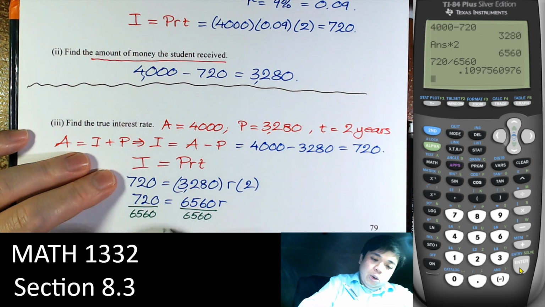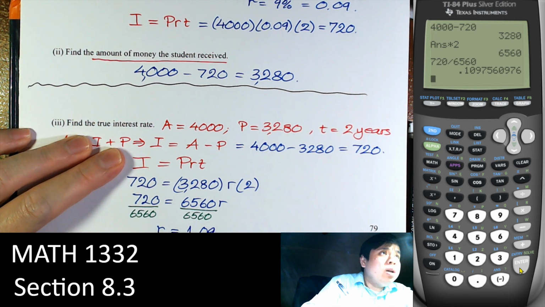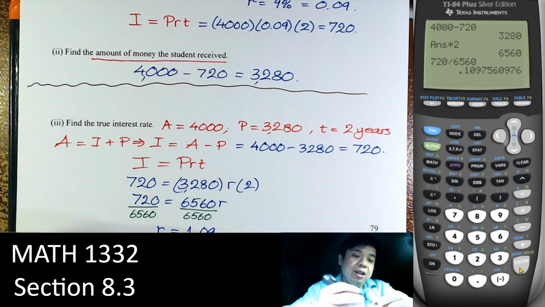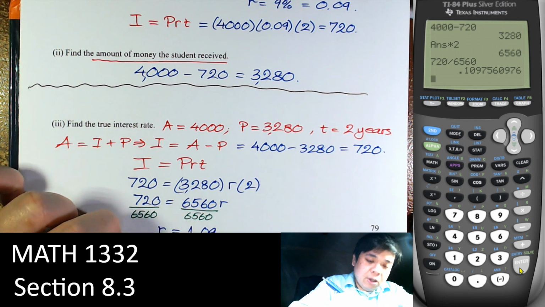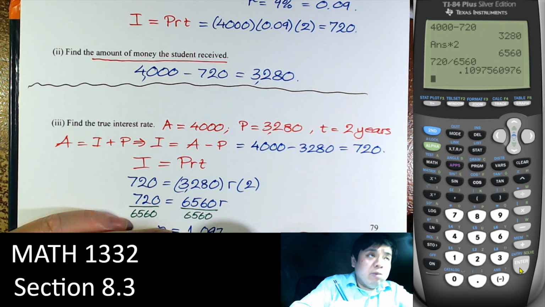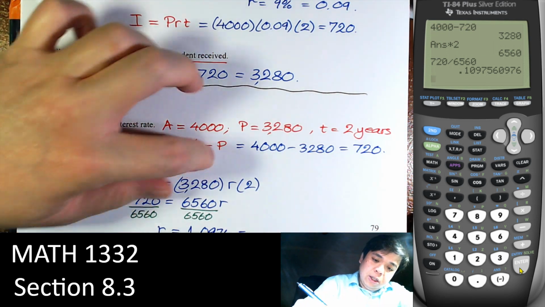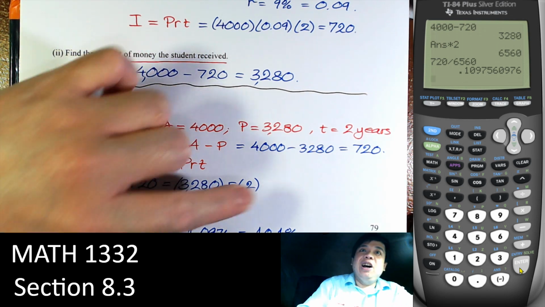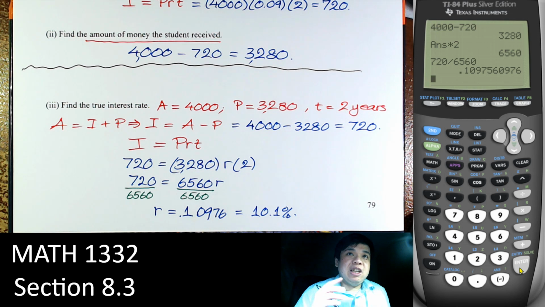So with that we have the rate is 0.1098, sorry, missed the decimal place there. 0.1098. So that's about 10.1%. Of course, in reality, with the discount loan, it is not 9%, it is 10.1%.